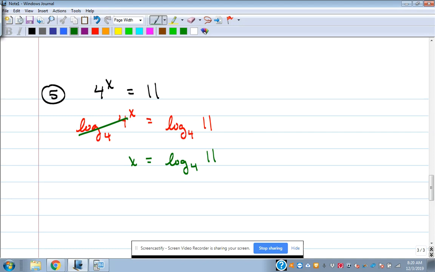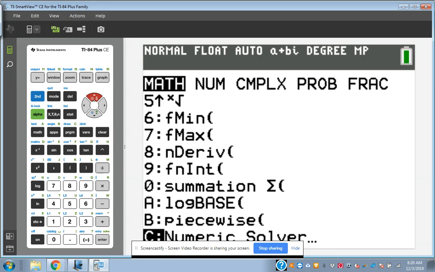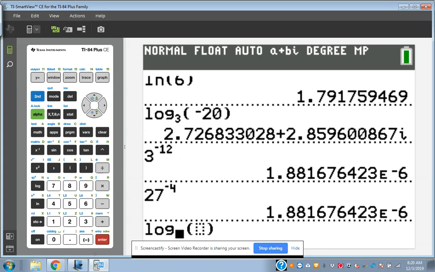And then log base 4 of 11 is what's on the other side. What is that? What we did yesterday. It's a number, right? And we can get a decimal approximation for that if we want to. This is the exact solution. The decimal approximation would be just work that out. So I'm going to do math, log base 4 of 11.